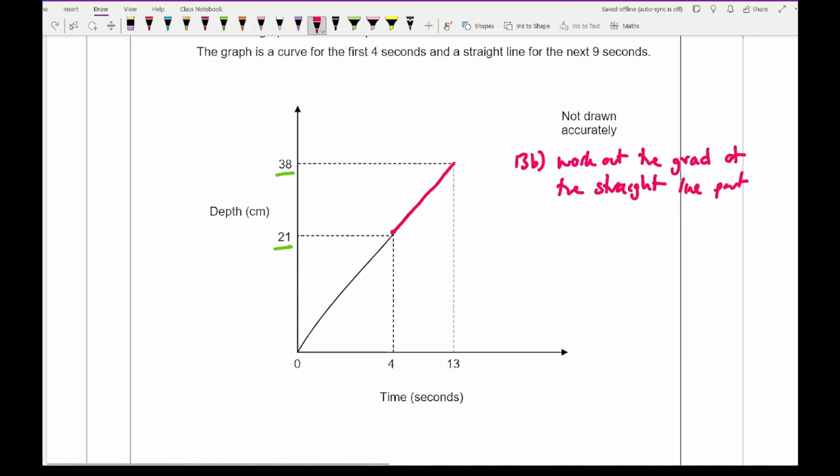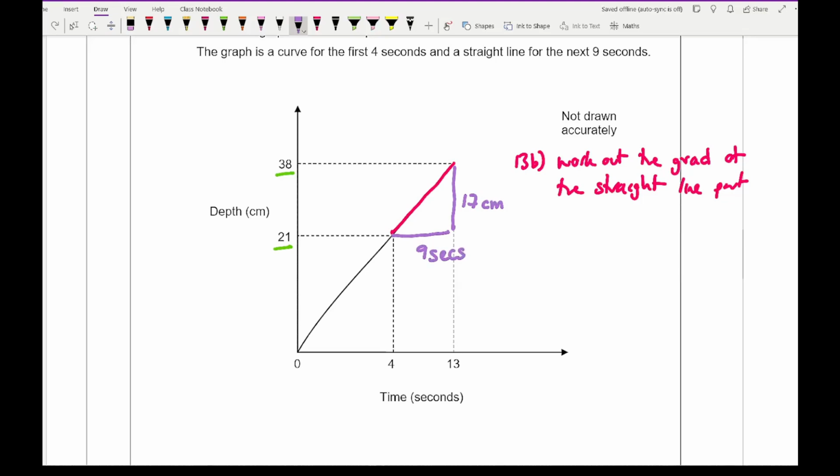So to work out the gradient, I turn it into a triangle, and it's going to be the height, which is 17, and the time, which is 13 take away 4, which is 9. The height is measured in centimetres, and this is measured in seconds.